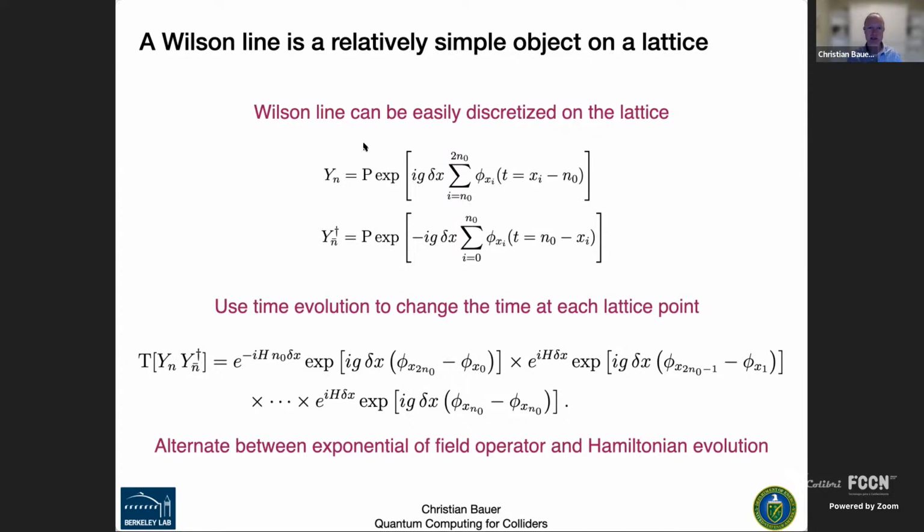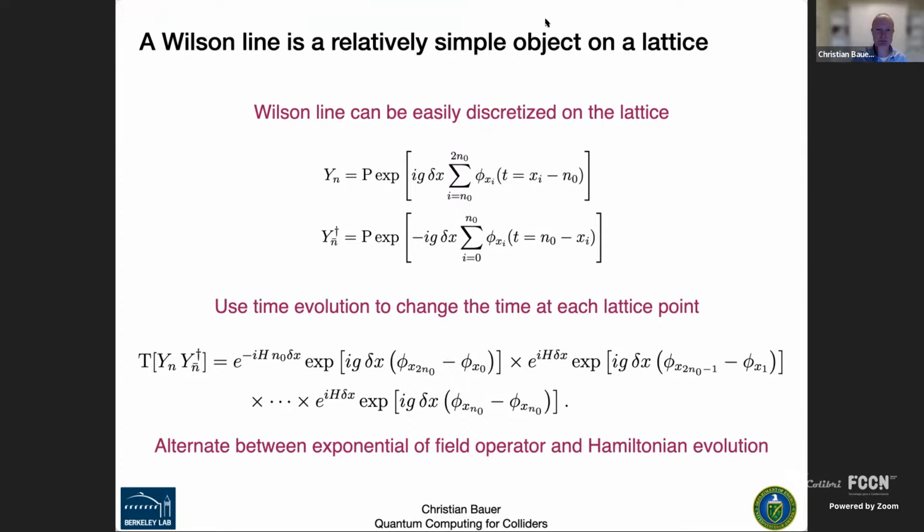So this is essentially what the Wilson line is. It's a field evaluated at the lattice points where this line n hits the lattice, but then the time has to be evaluated at the same time as the x's, right? It's moving at the speed of light.